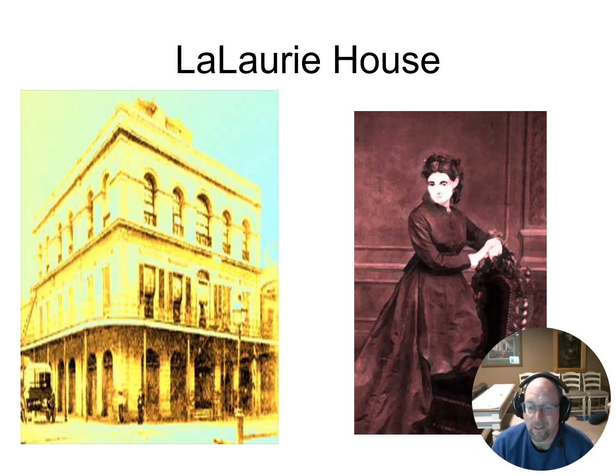But it turns out later on that the cook set the fire because things are back to terrible in the LaLaurie house. And so the cook in the household set this fire in the kitchen in the hopes of alerting the outside world something's going on and we need people to come here and see what's happening.